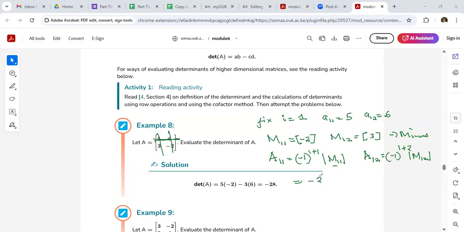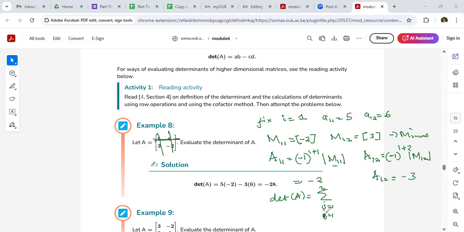It's just -2. And then for A12, the determinant of M12 is 3, but this is multiplied by -1 raised to power 1 plus 2, so it is equal to -3.